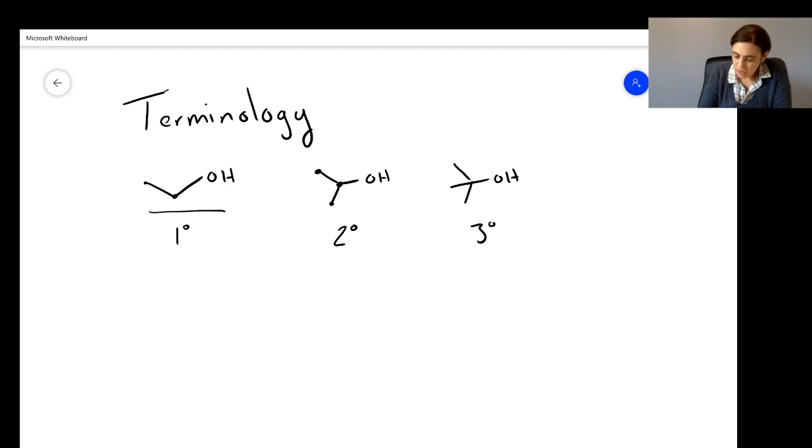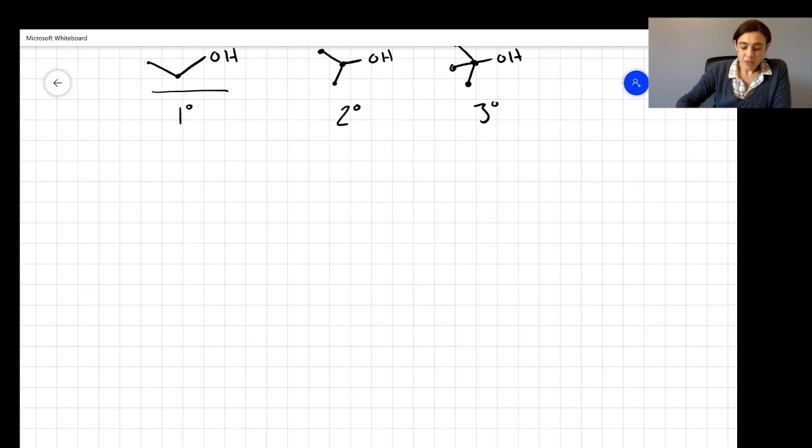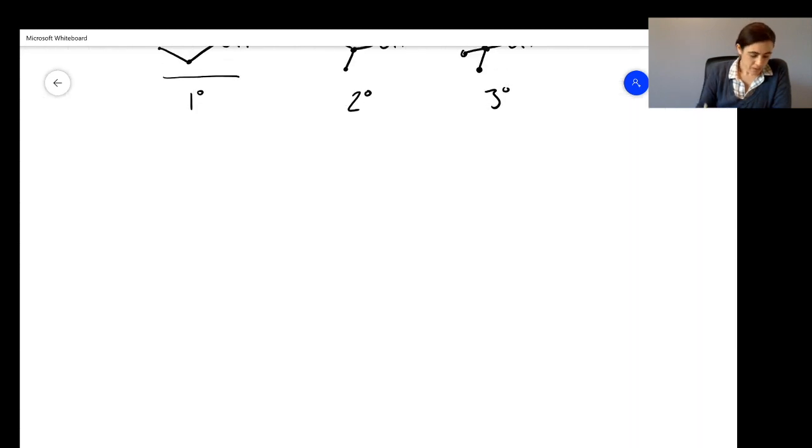And finally, we have a tertiary alcohol where our central carbon is attached to one, two, three other carbons. So again, based on the number of alkyl groups attached to the carbon with the OH on it. So that's it for terminology, pretty straightforward. Next up, we'll talk about the physical properties of alcohols.